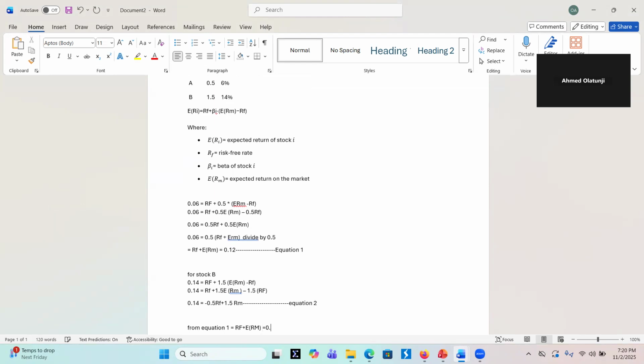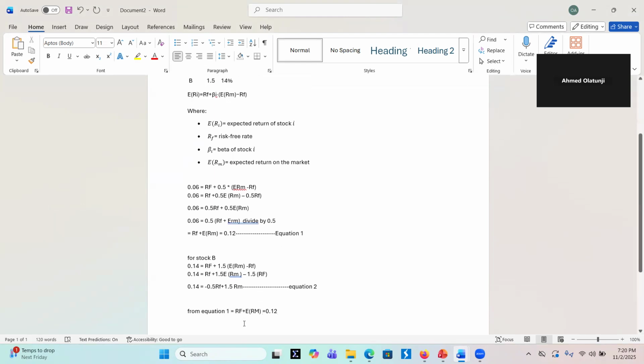Then we have RF equal to 0.12 minus ERM. Because if you make RF the subject of the formula, this ERM is going to move to the other side, which is going to be minus ERM.